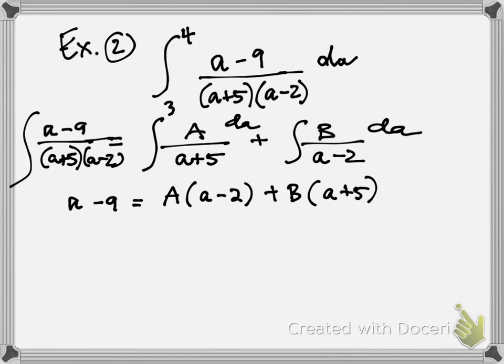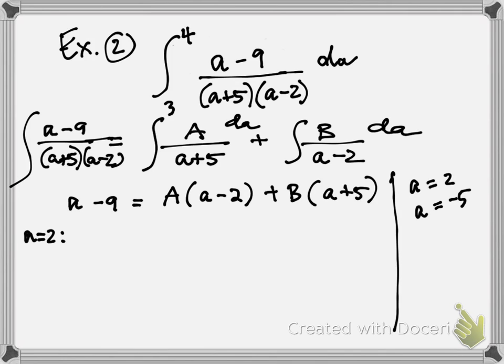And then we think, what are the values of a that will make our denominator 0? We have a equals positive 2 and a equals negative 5, right? Okay, so let's plug it in one by one. So when a equals 2, let's see what happens to the equation.